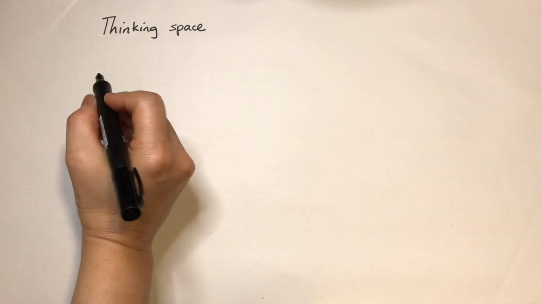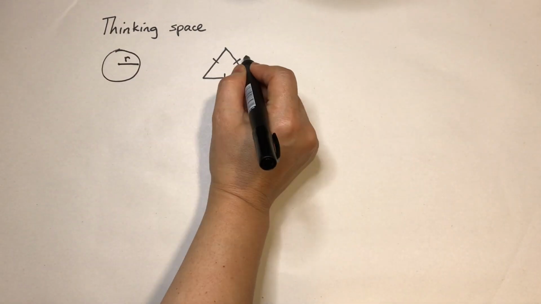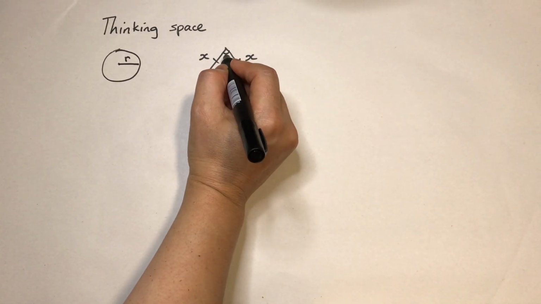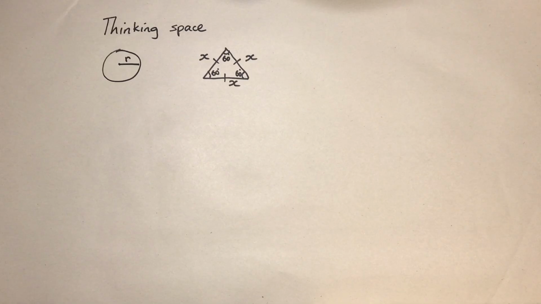Now, this is my thinking space. In my head, I'm thinking circle with the radius r and the equilateral triangle with x centimeters as their side. And of course, it's equilateral, so it's going to be 60 degrees. The wire is 100 centimeters long.